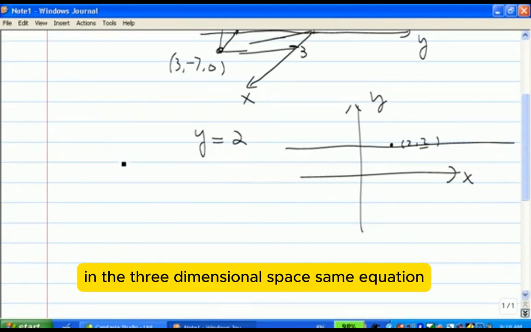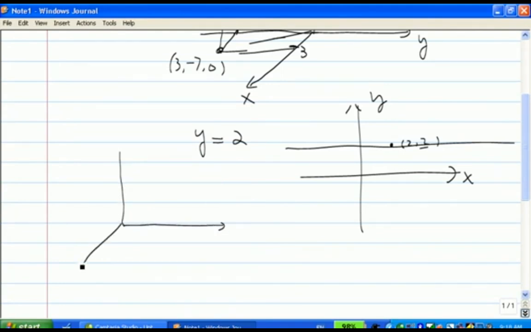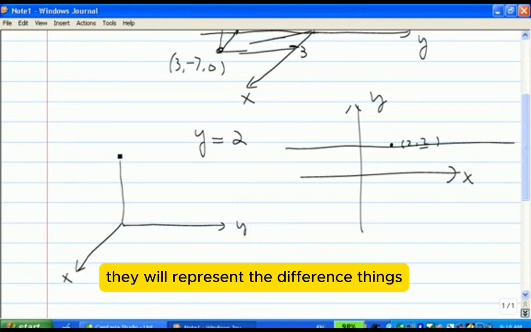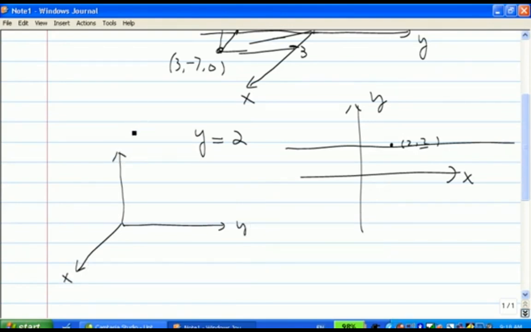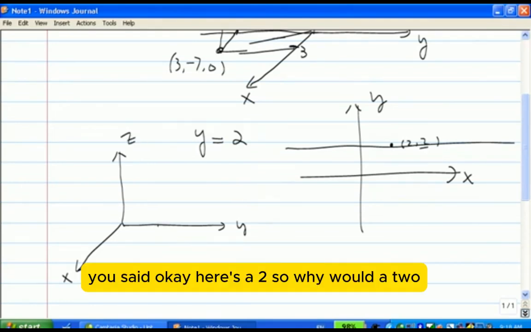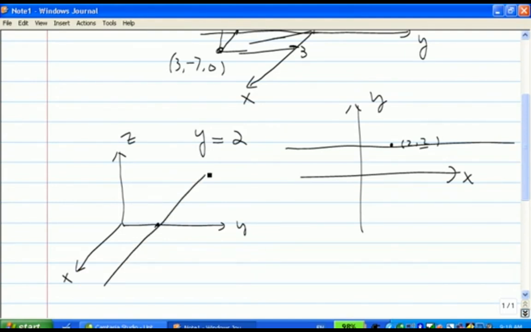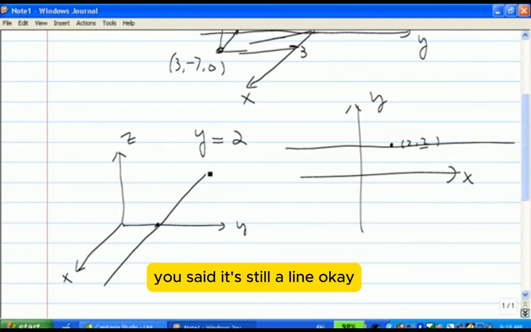In three-dimensional space, the same equation will represent different things. You might say, okay, here's a 2, so y equals 2, and you say it's still a line.